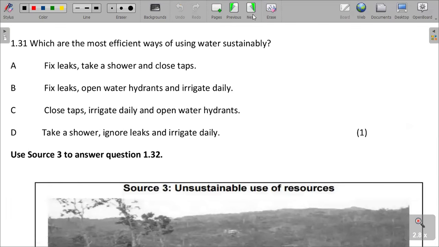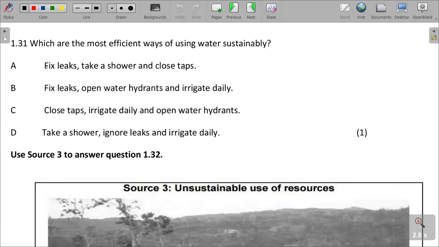Which are the most efficient ways of using water sustainably? When water is sustainably used, it must be able to meet the needs of today and also of the future. So the efficient use of water, which one can it be?